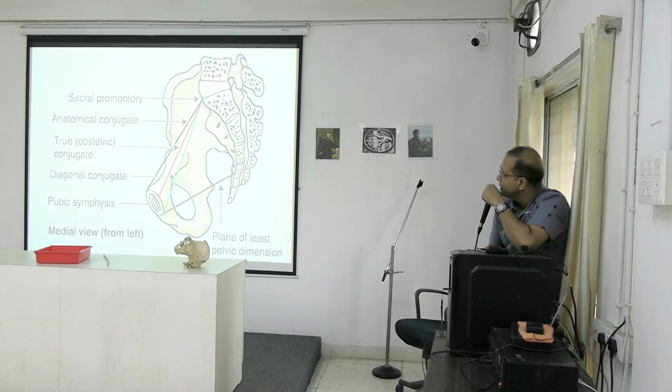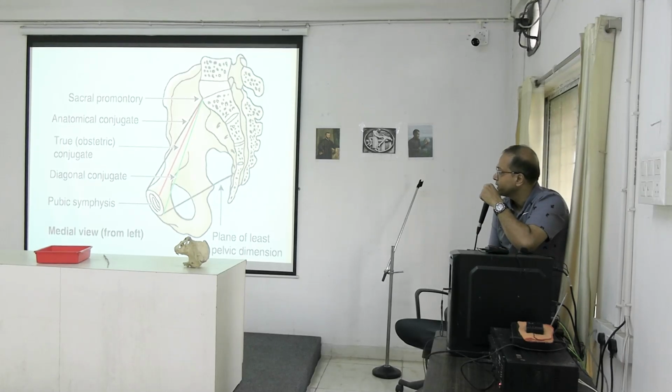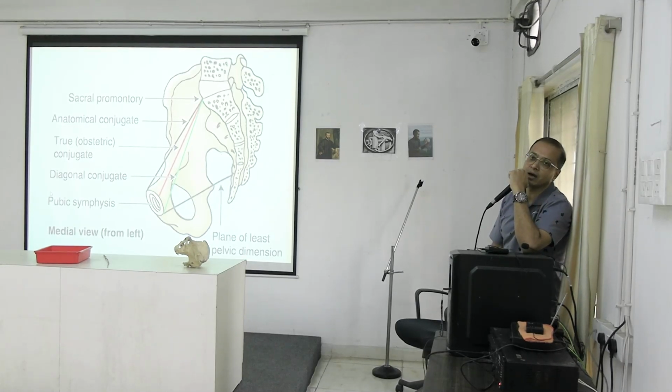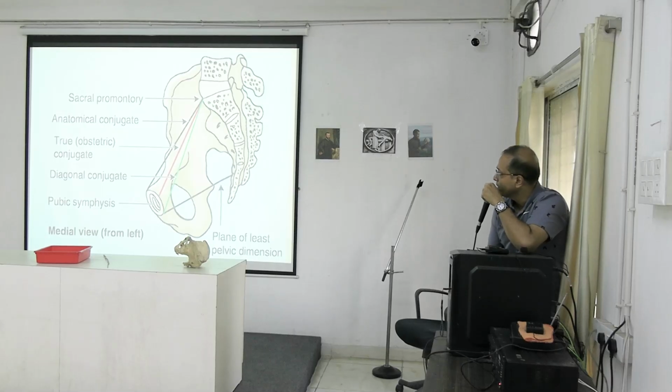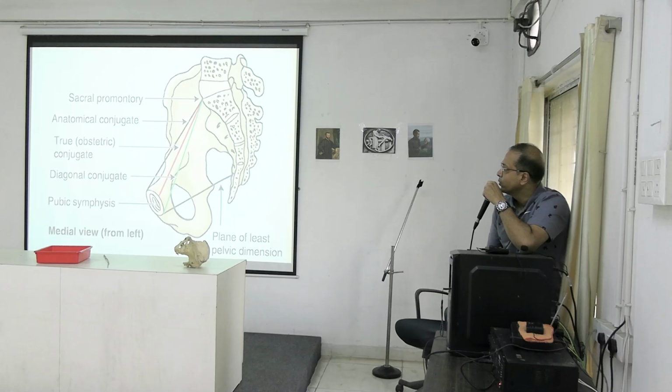You can measure from the bottom of the symphysis pubis to the sacral promontory, following the green line. We call this the diagonal conjugate or diagonal diameter. And then you can measure from the posterior or middle of the symphysis pubis to the sacral promontory, following the red line. This red line you are seeing here, we call the obstetric or true conjugate.